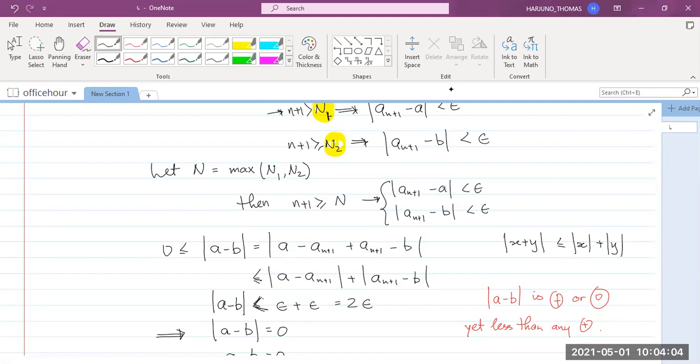Right? Okay. So what is the number that is positive or zero yet less than any positive number? It must be zero. So you kind of squeezed it from above using all positive numbers of your choice.